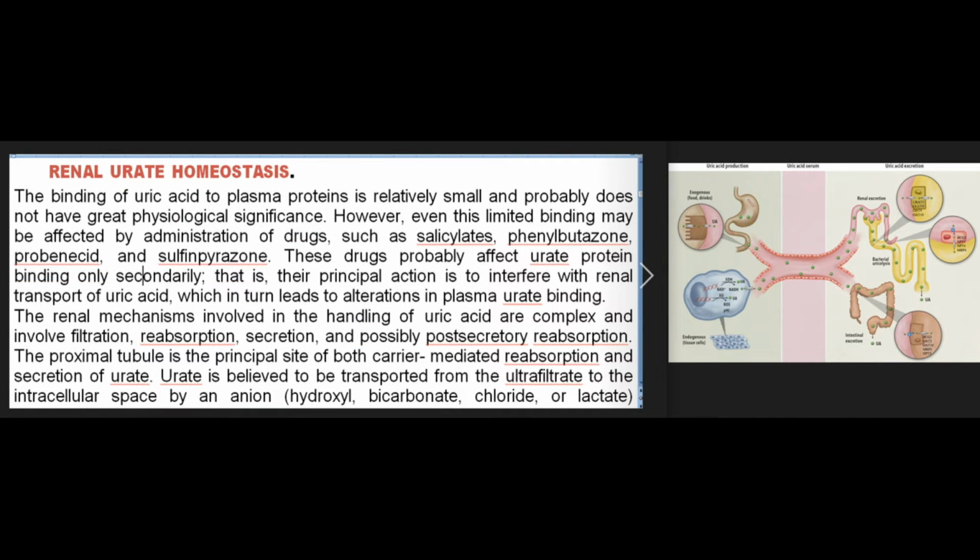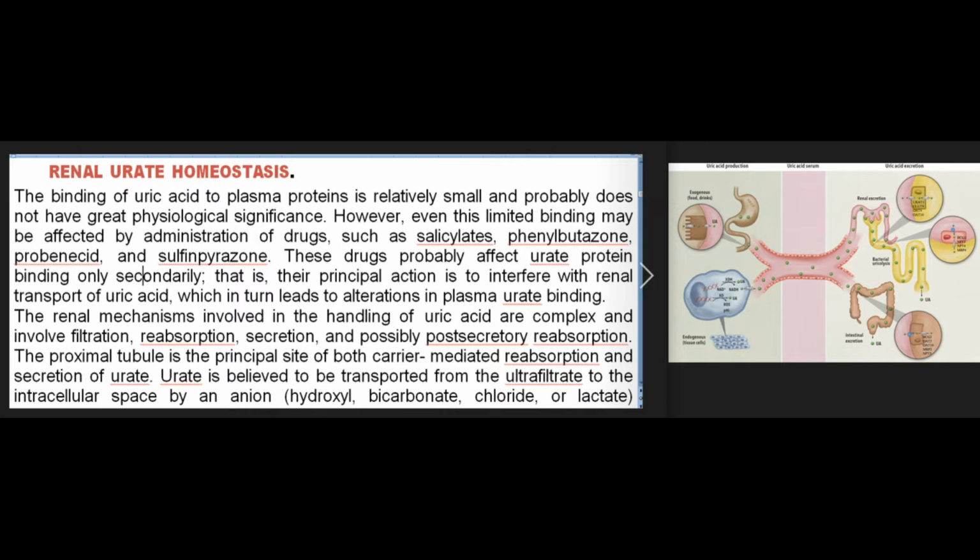Renal urate homeostasis. The binding of uric acid to plasma proteins is relatively small and probably does not have great physiological significance. However, even this limited binding may be affected by administration of drugs, such as salicylates, phenylbutazone, probenecid, and sulfinpyrazone.